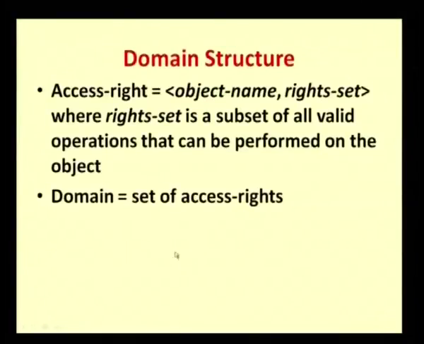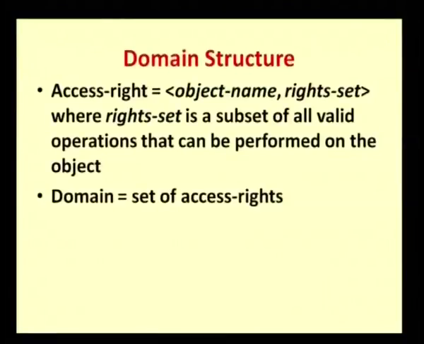So now we are going to see only the domain structure, and how the domain structure works with respect to an IO system. Here, this IO system domain structure should have an access right. Access right is the right that is required for accessing a particular device. For example, you may have a set of computers networked in a group, but you will not be given access to take a printout.